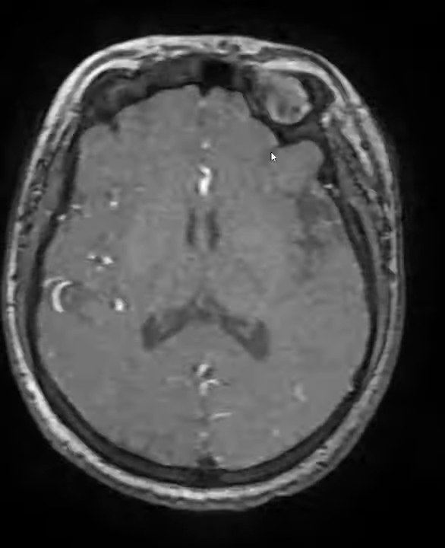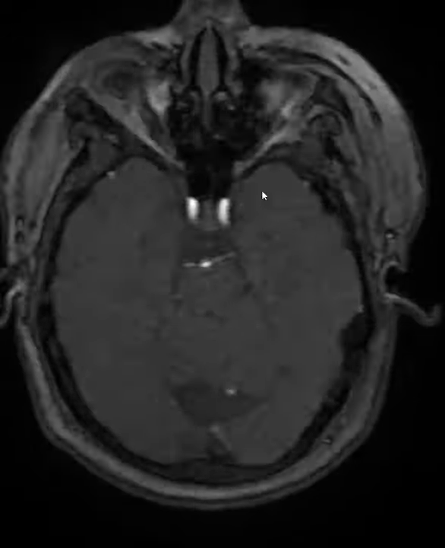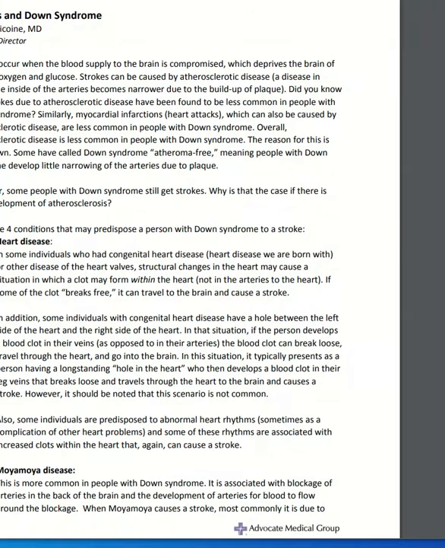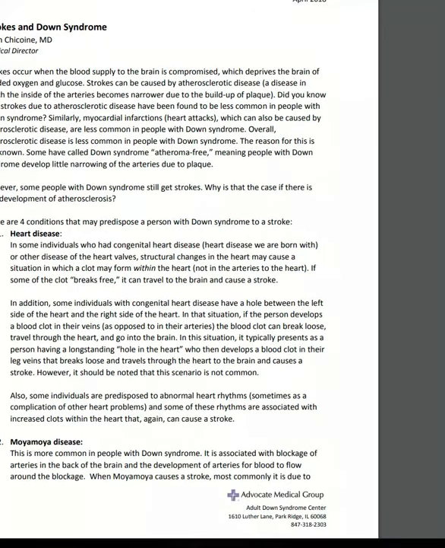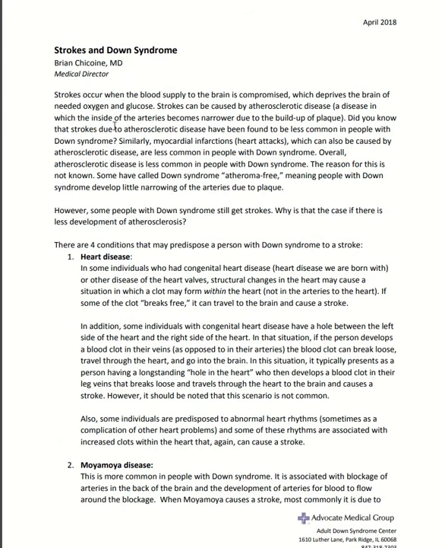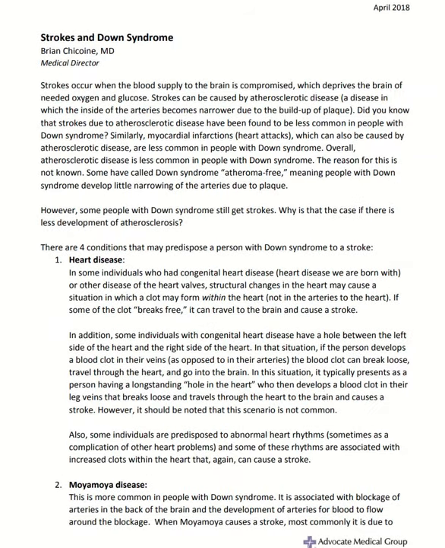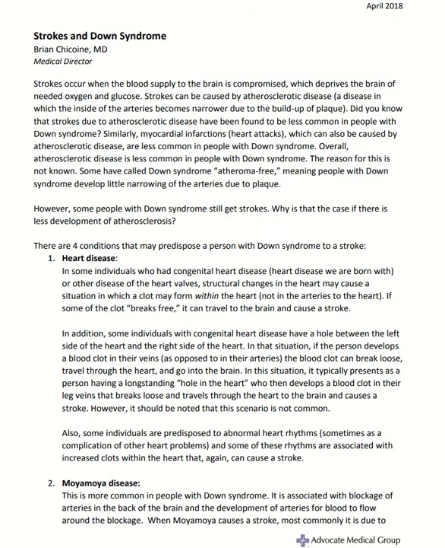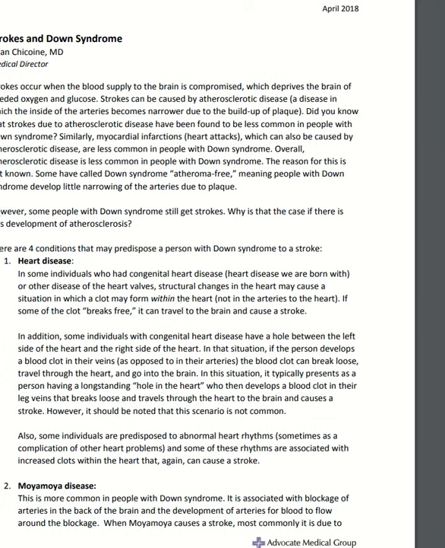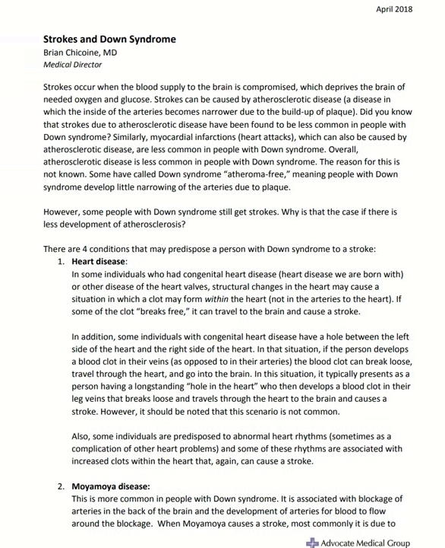And the point I was showing you, the Down syndrome and a stroke, is that it's not really a coincidence that at 20 years of age the person got a stroke. That's not really the case, because Down syndrome itself predisposes to stroke.